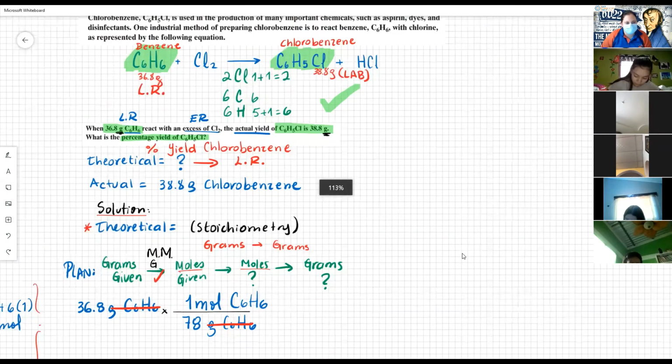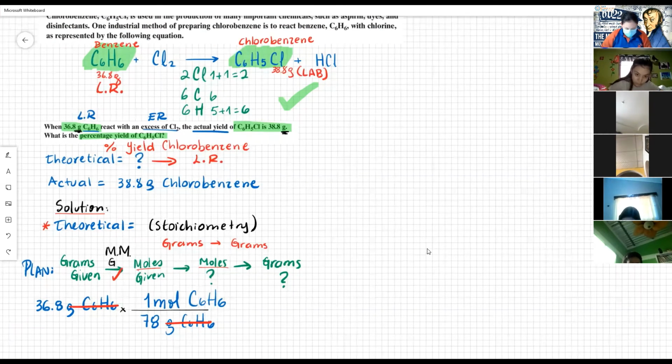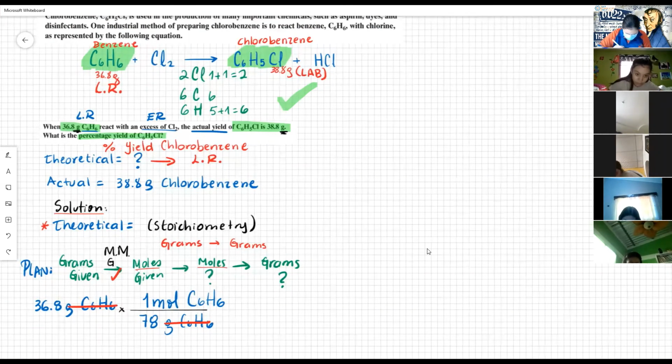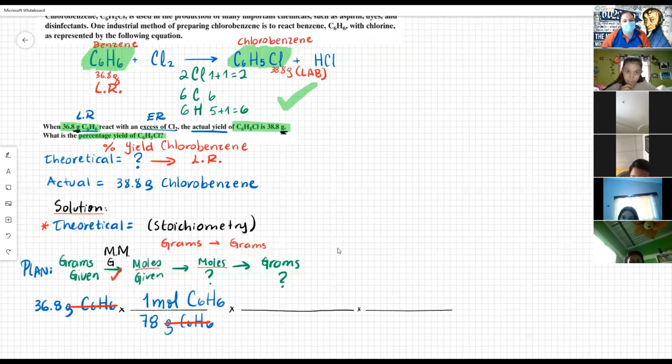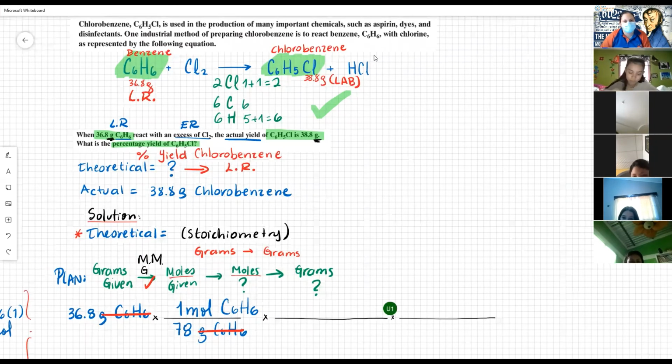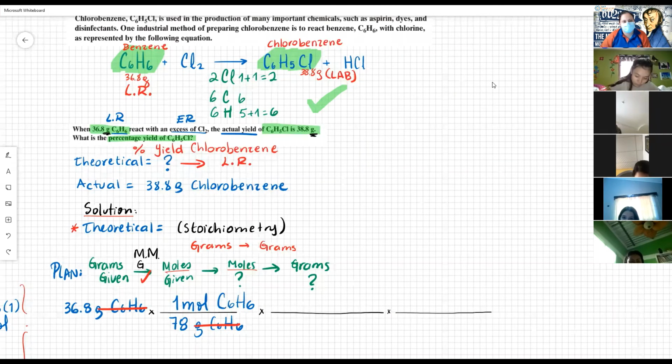What is the molar ratio between my two substances? What are the two substances that I'm relating?